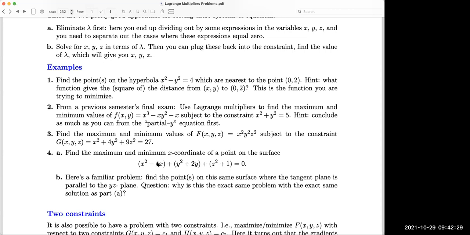You can actually complete the square on each term and recognize it as a sphere. Since it's a sphere, it's a contained surface. Therefore, it has a minimum x coordinate and a maximum x coordinate. There's a minimum z and a maximum z. There's a minimum y and a maximum y.